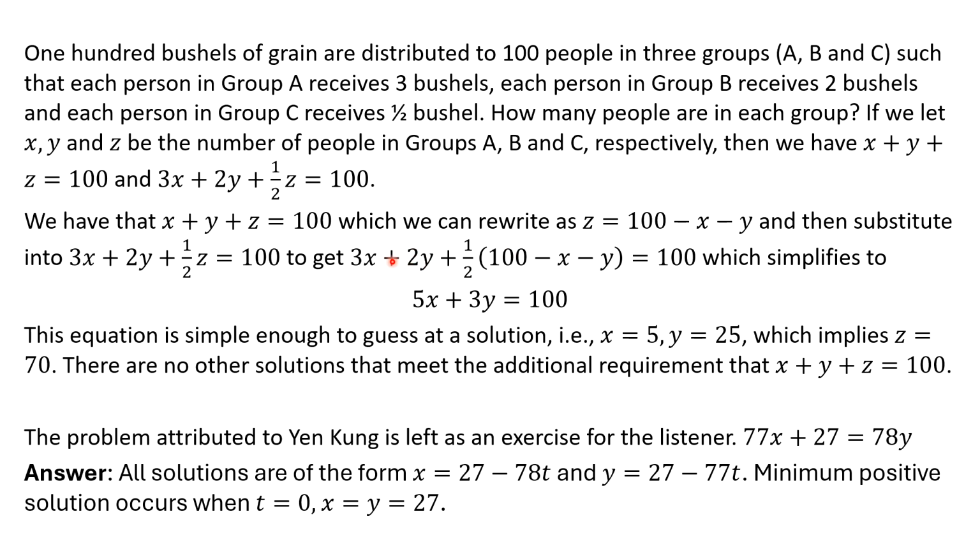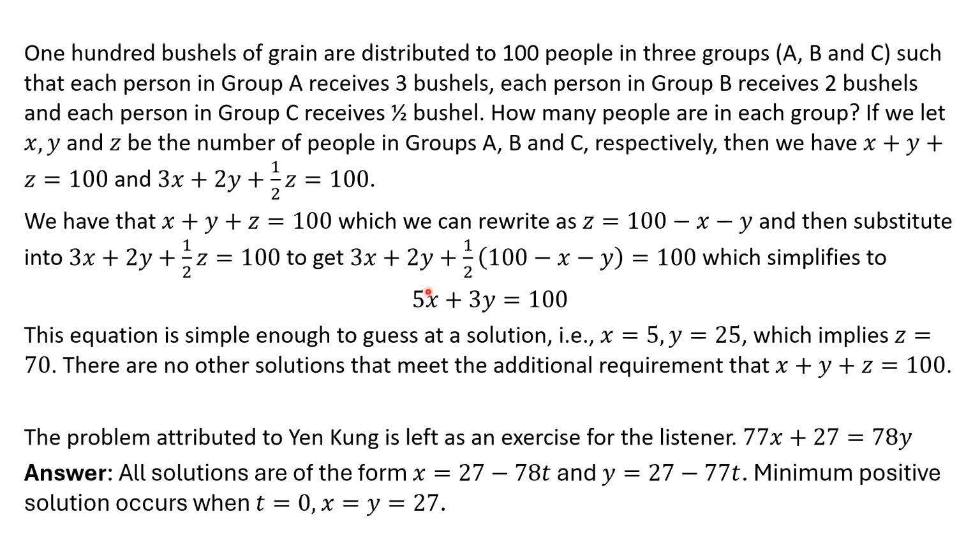Then you only have x and y and no z term. It's a little bit of work, which I didn't show you here, but if you simplify this, you're going to get 5x plus 3y equals 100. And from here, we could use the extended Euclidean algorithm to find the GCD of 5 and 3, which we could see is 1 right off.